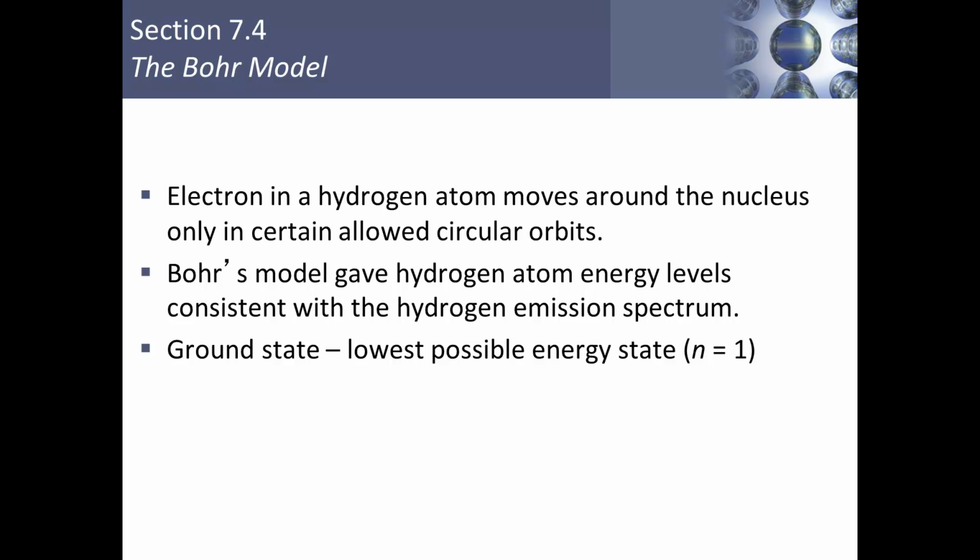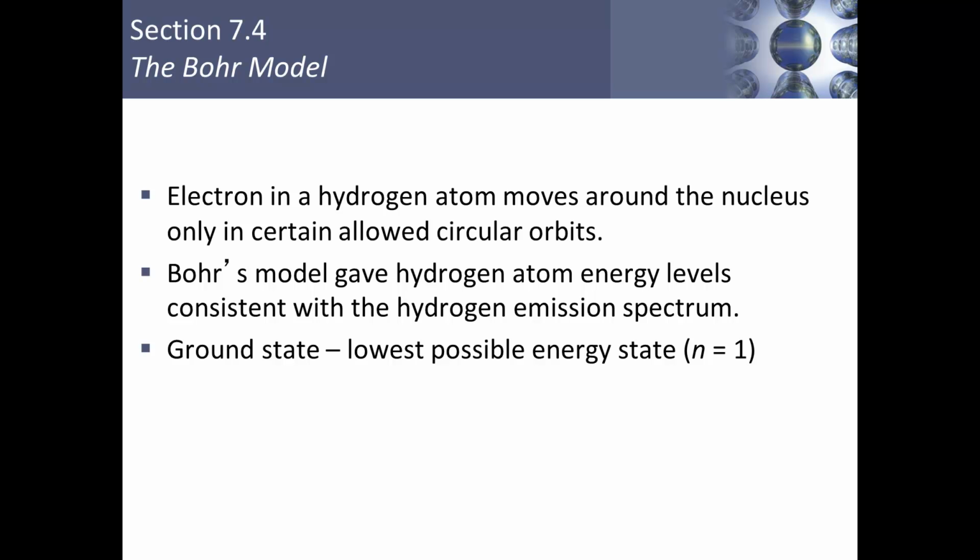Niels Bohr further elaborated on the line spectrum of hydrogen using knowledge of angular momentum from classical physics. Bohr gave hydrogen atoms energy levels consistent with the spectrum and developed an equation for energy levels available to electrons in the hydrogen atom.